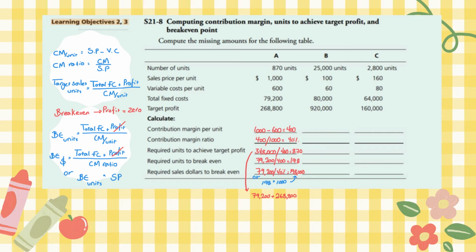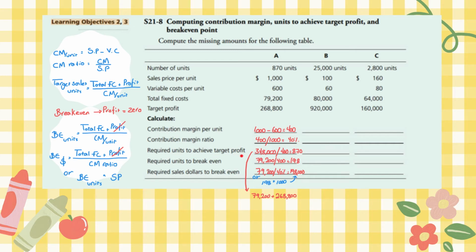So for A, contribution margin per unit, sales price less variable cost, it's 1000 less 600, so it's gonna be 400. Contribution margin ratio is the contribution margin divided by the sales price. So 400 divided by 1000 is gonna be 40%.